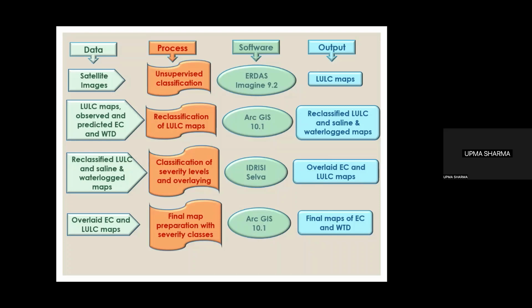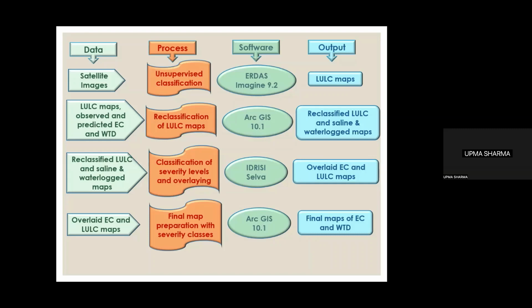Then, using these land use cover maps and observed and predicted salinity and water table depth data, I reclassified this LULC map in ArcGIS 10.1, where I got the reclassified LULC and saline and waterlogged maps. Then I classified the severity levels and did the overlaying process, where I overlaid the LULC maps on saline and waterlogged maps using AGRI Selva software.